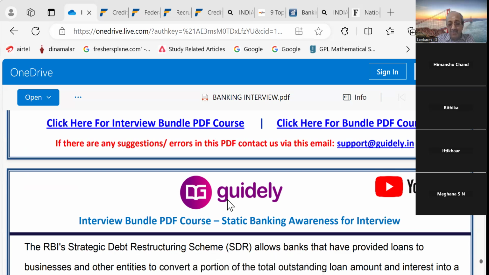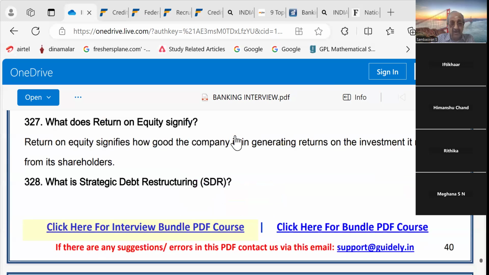Iftikar, it is raining now? No, sir, it's not raining here. Please read question number 328. Ritika, we are going to Iftikar. Okay, sir. Yeah. 328 Iftikar.